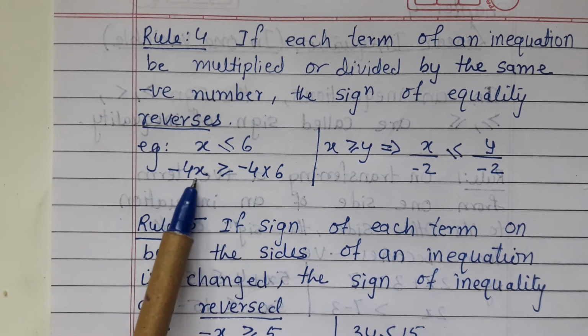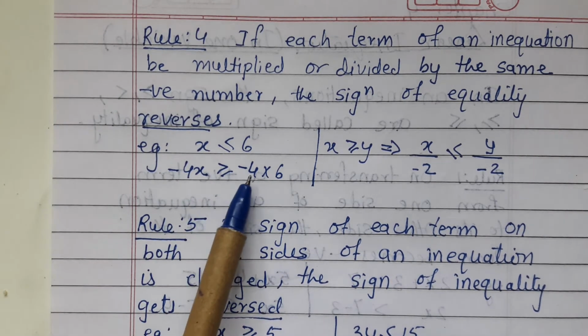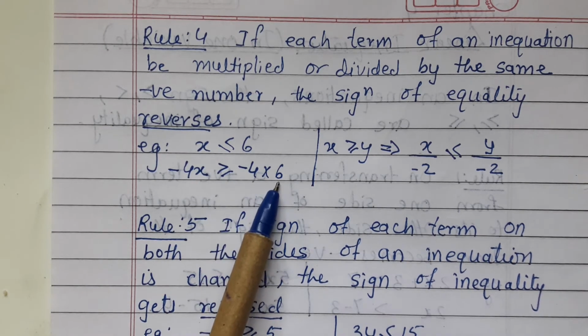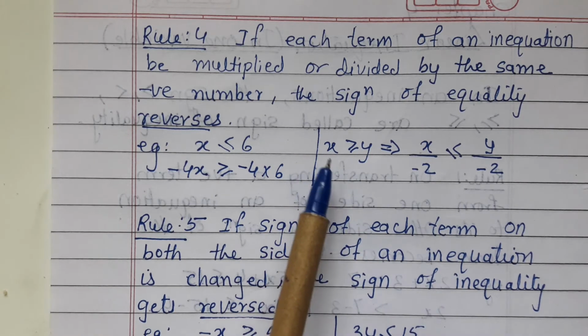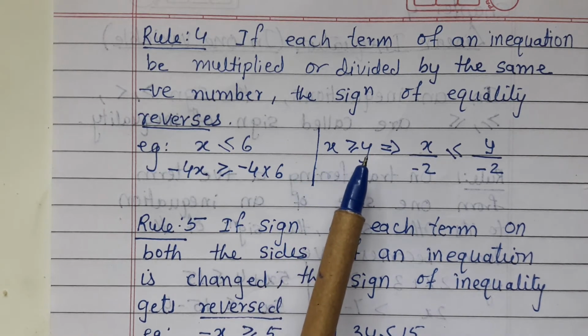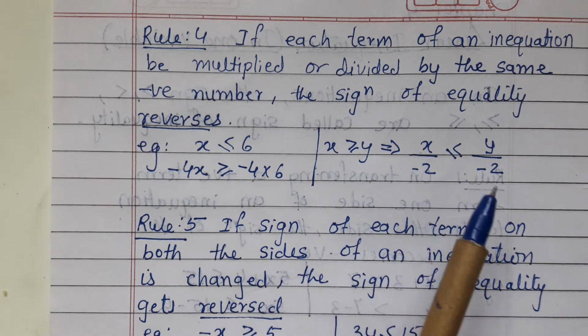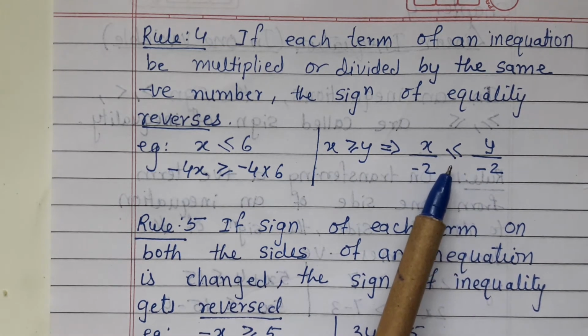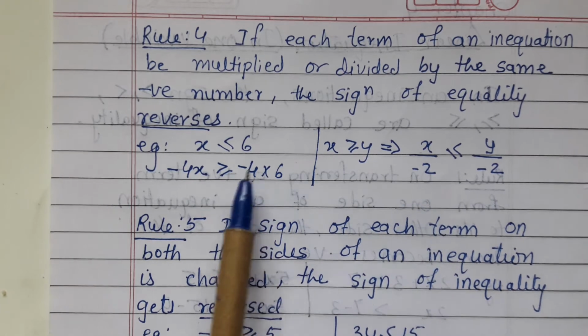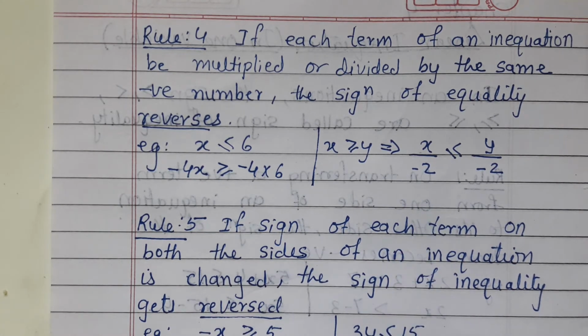That is, -4x ≥ -4 × 6. Same way for division. Suppose x ≥ y, but when you divide by -2 on both sides, it will become a less than or equal to sign. The sign will reverse.